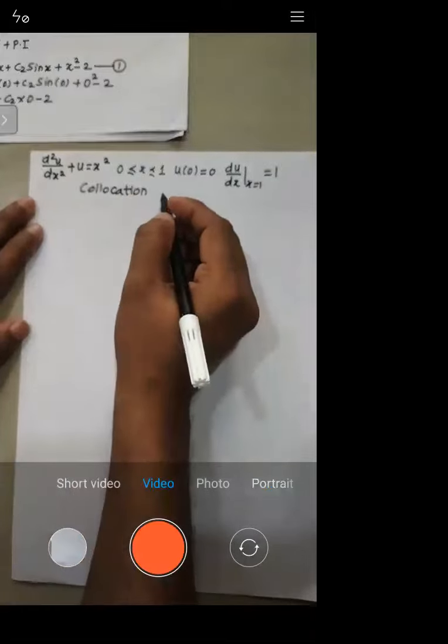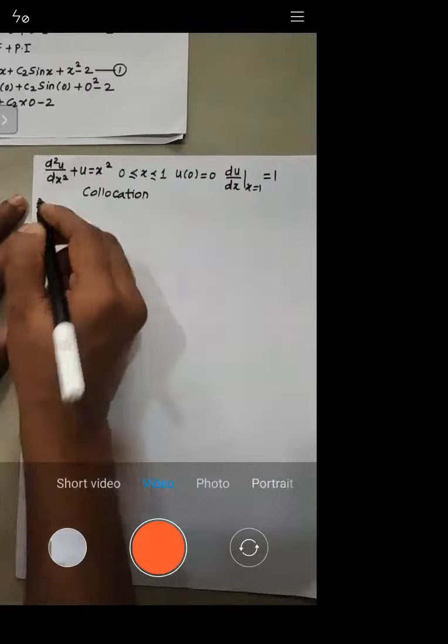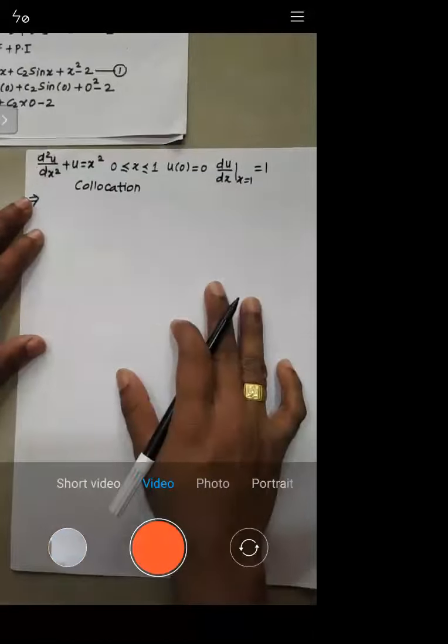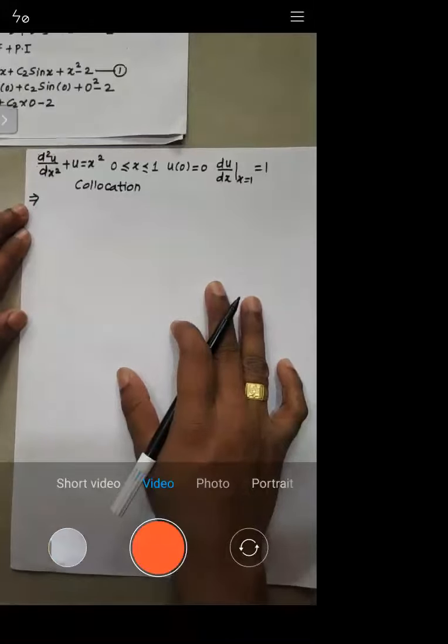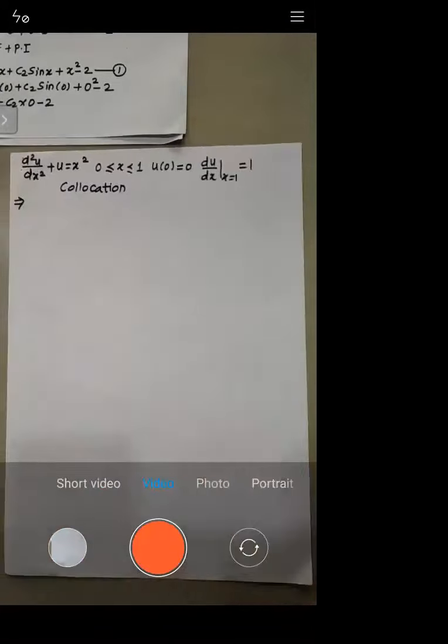All of you know that till the calculation of r, the process is same. So tell me how I should proceed with the problem.